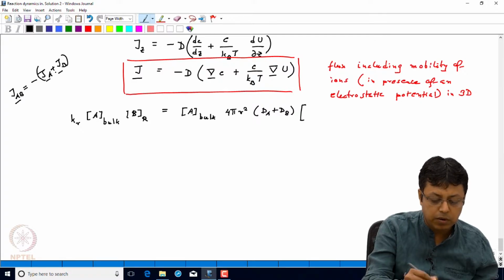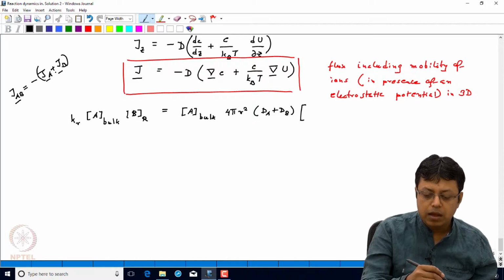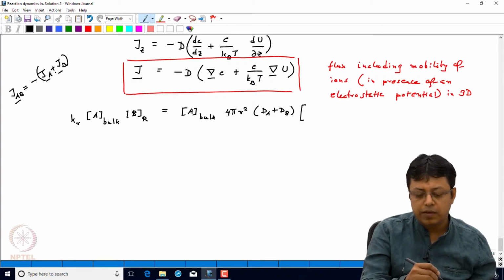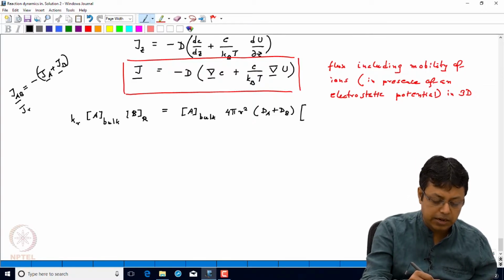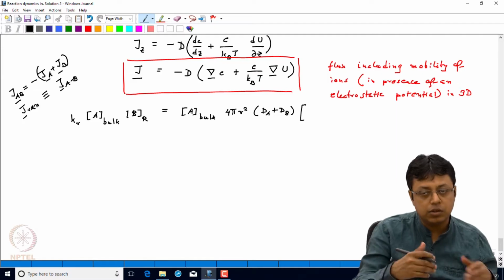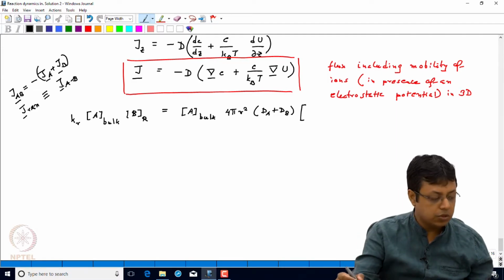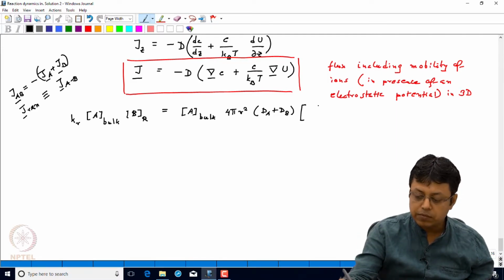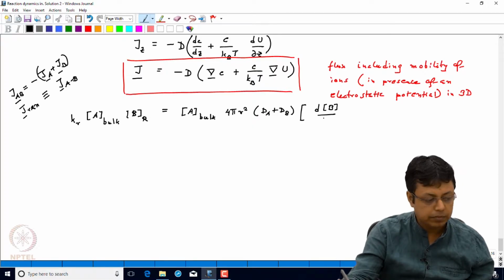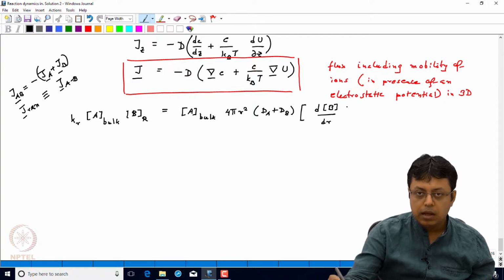These are all vector quantities. And secondly, we have also used the fact that this J reaction is identical to the JAB, and it is also diffusion limited. So I'll have two terms. The first term is the spatial derivative of B, which is the concentration of B, how it varies with the radius.